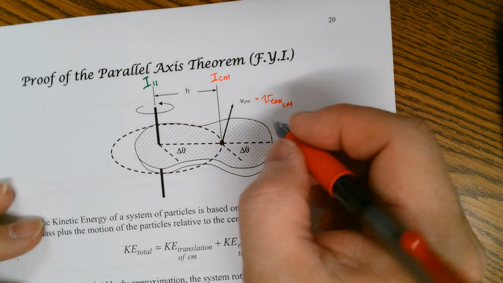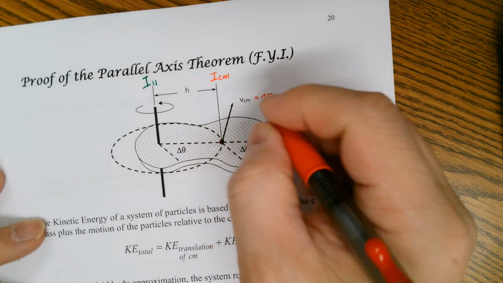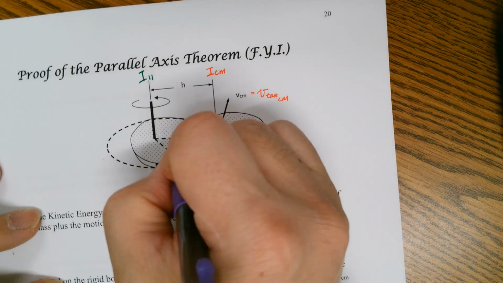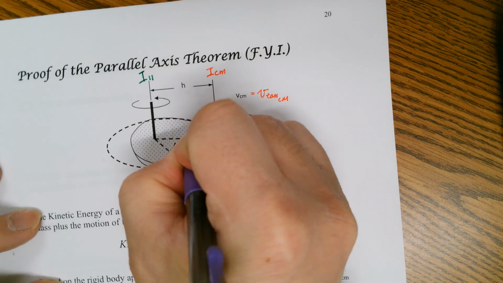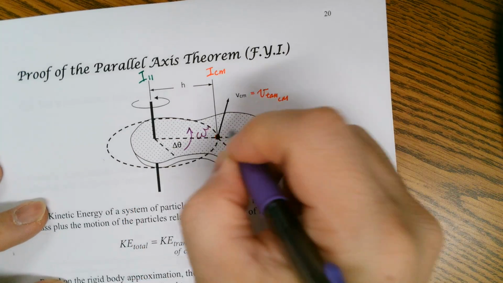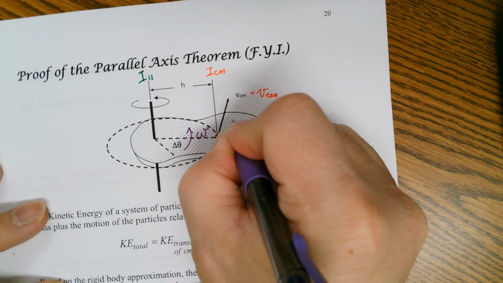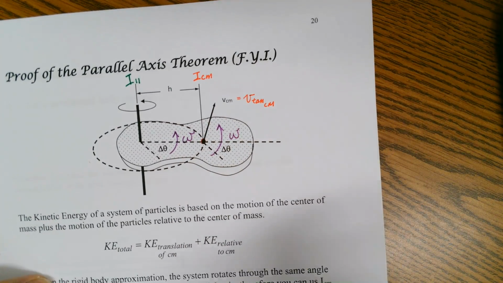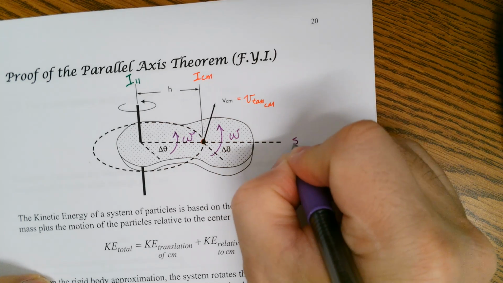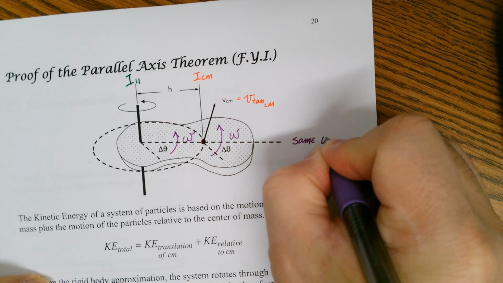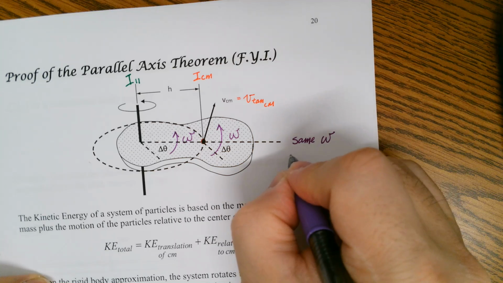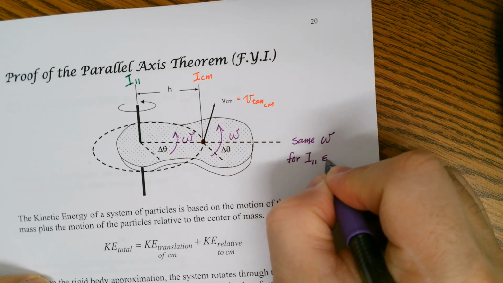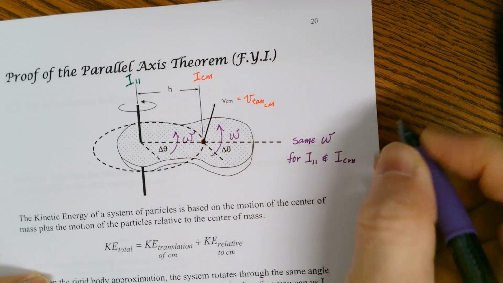So when this is rotating, we have omega, right? So this omega and this omega, they're all the same because they're all rotating at the same rate. So same omega for I parallel and I sub Cm, okay?